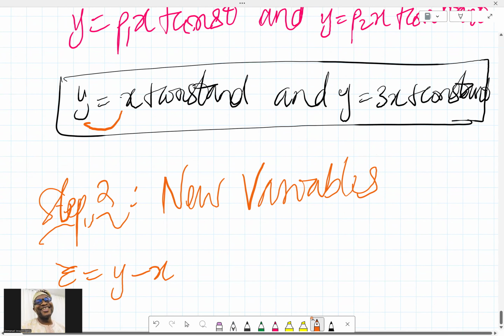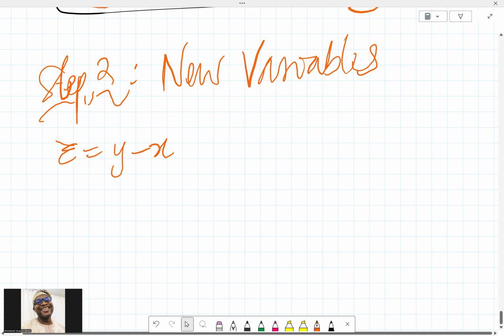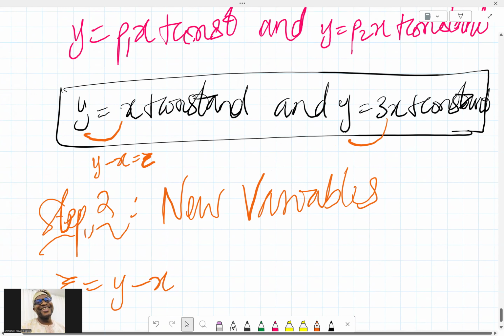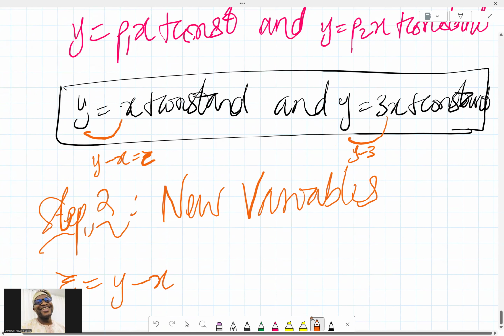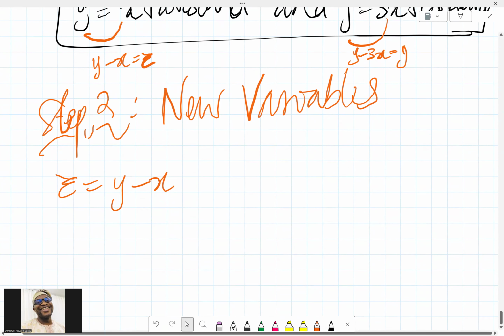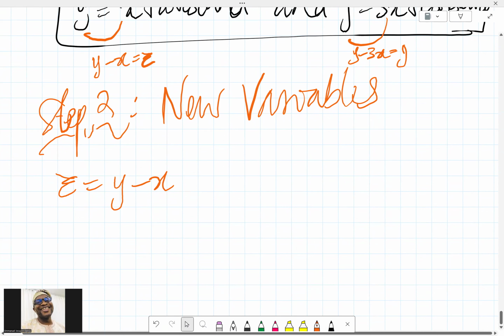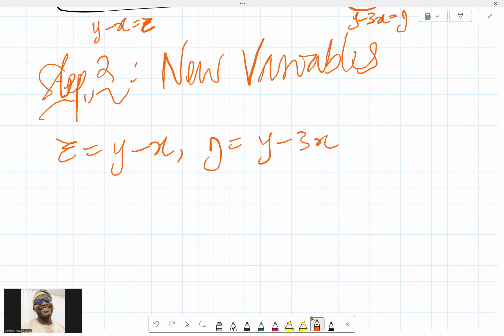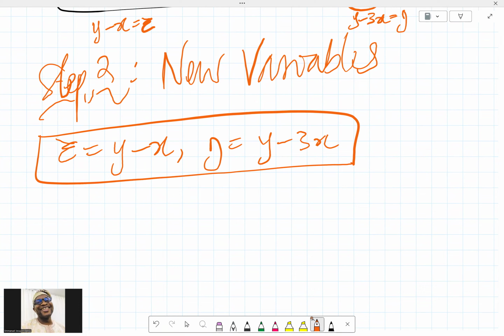Then we have y minus 3x here, that will be our eta. So we have psi equals y minus x, and eta equals y minus 3x. This is another crucial expression that we need.